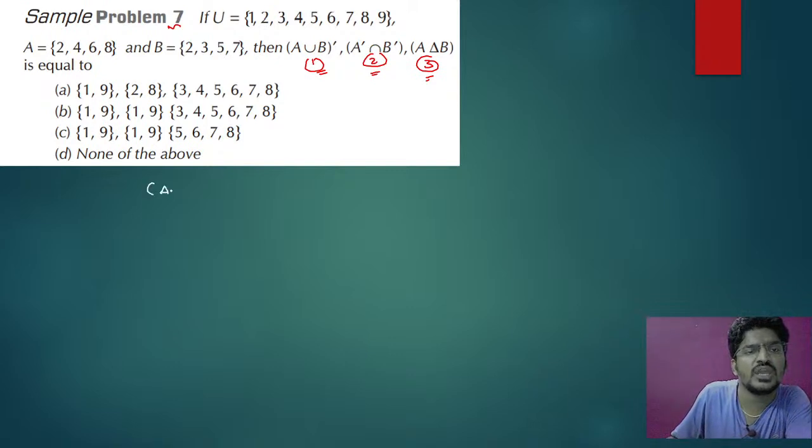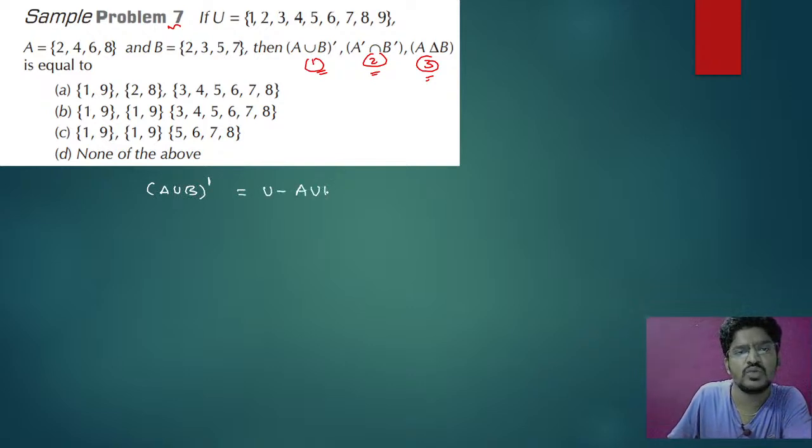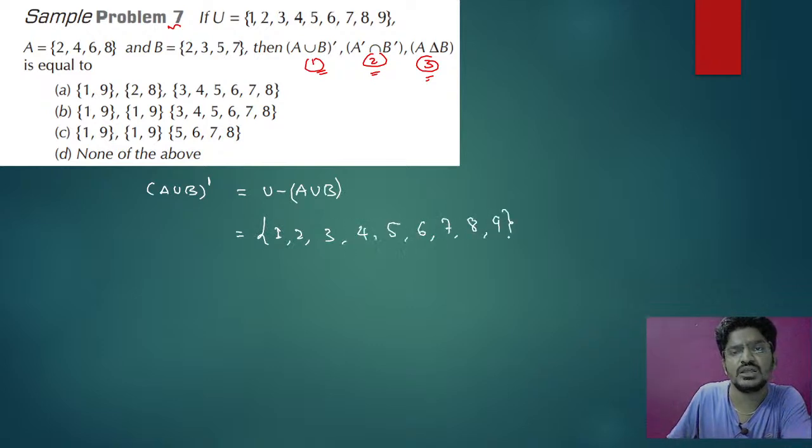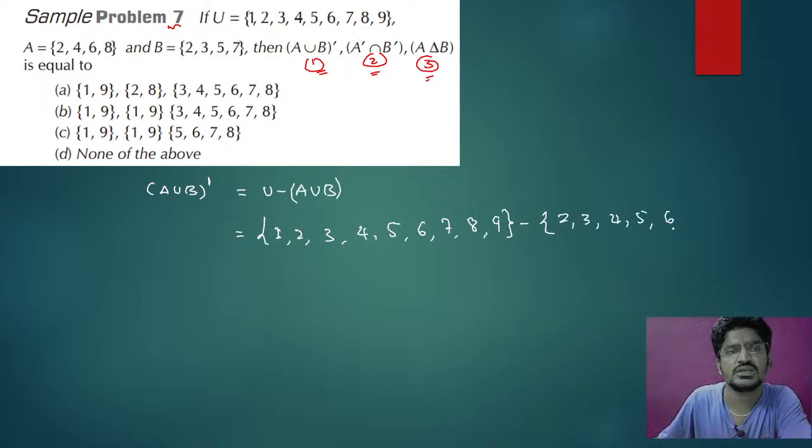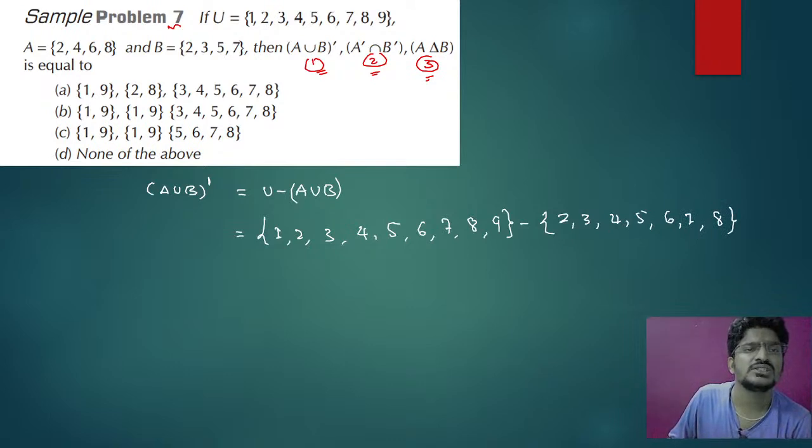So I will solve A union B whole complement. This is nothing but U minus A union B. U is 1 2 3 4 5 6 7 8 9, minus A union B. You just see, A union B is 2 3 4 5 6 7 8.